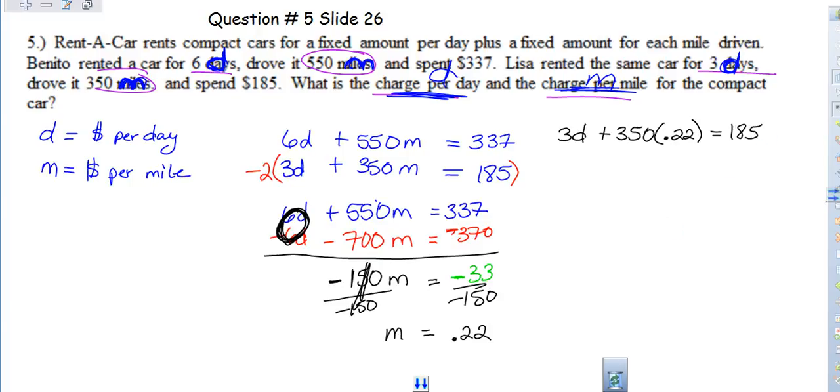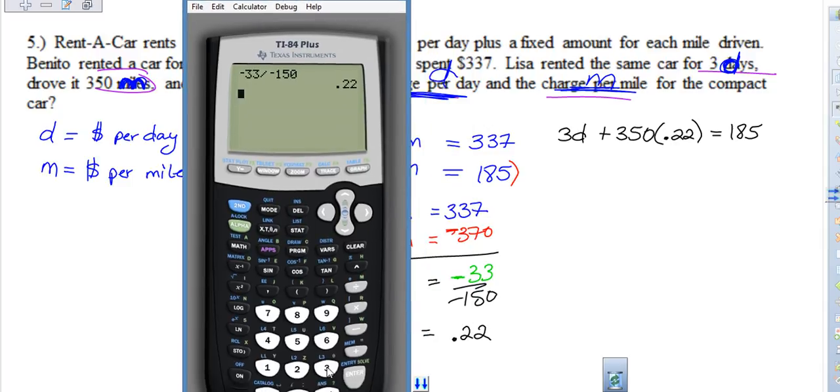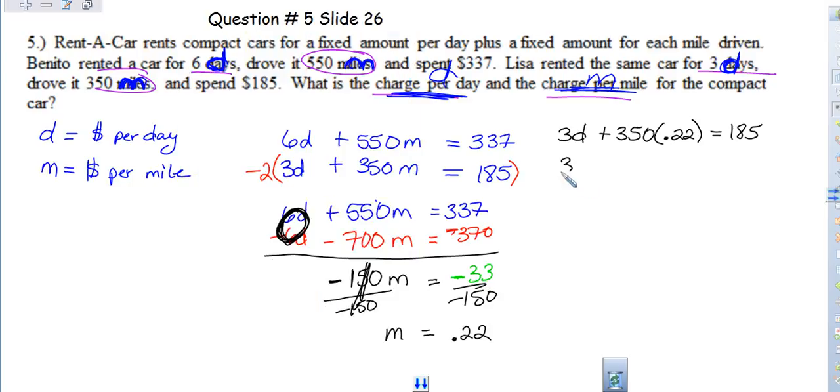Okay, so then let's go over here and do 350 times 0.22, and we get 77. So 3d plus 77 equals 185.